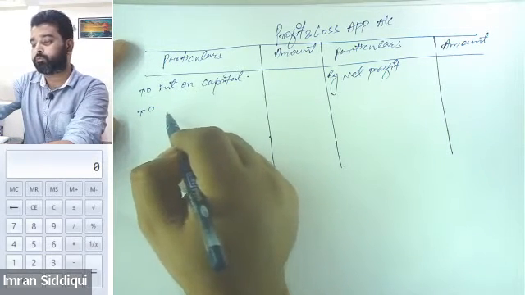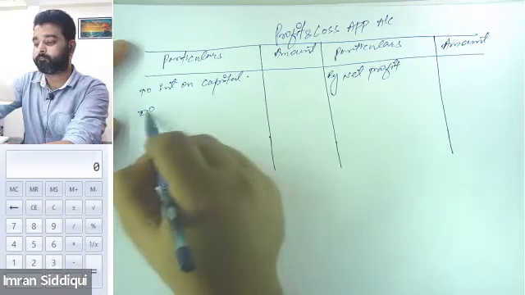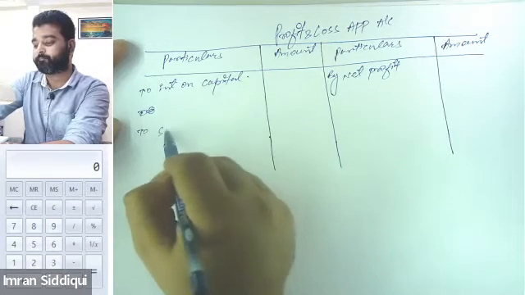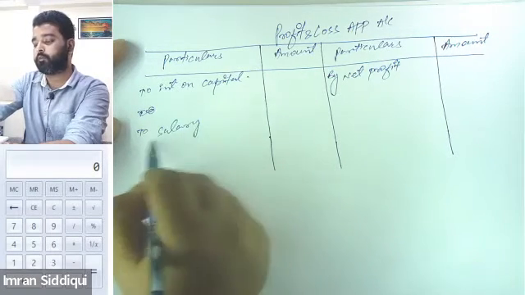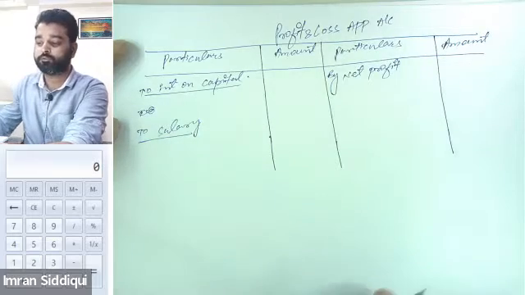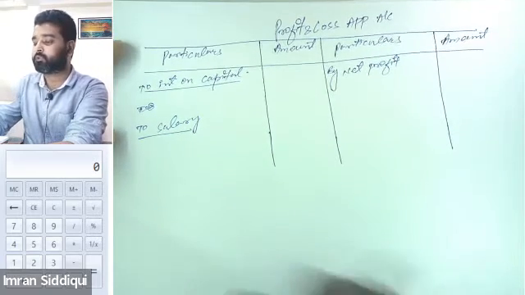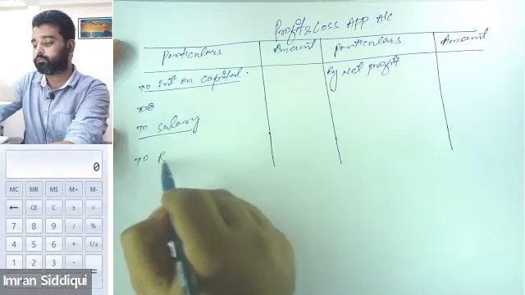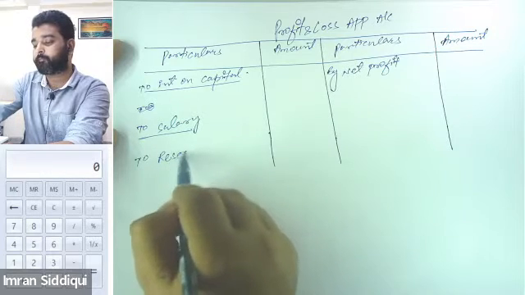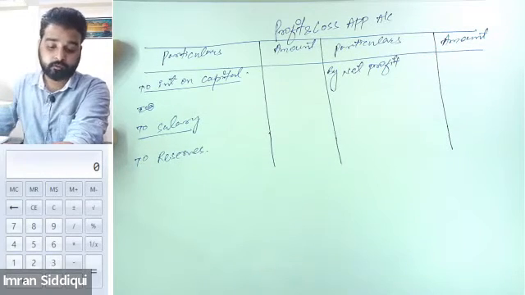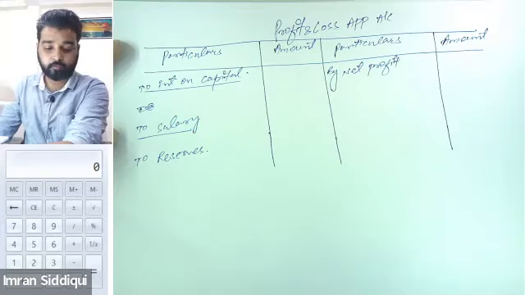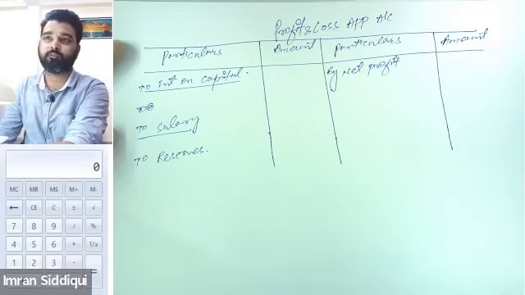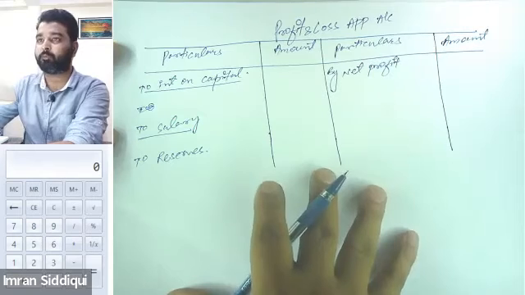So, to salary. Then in this question, we need to make a reserve as well. So, to reserves. Okay, so this is it. These are all the transactions that we need to enter in the P&L appropriation.